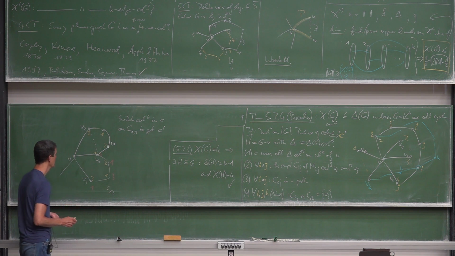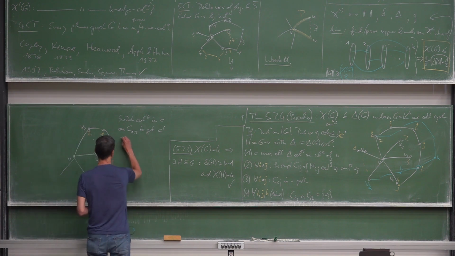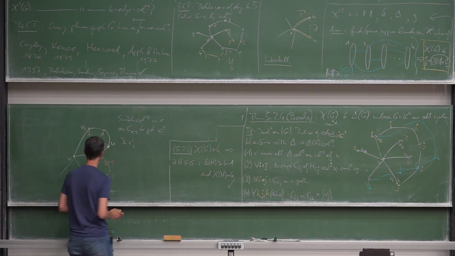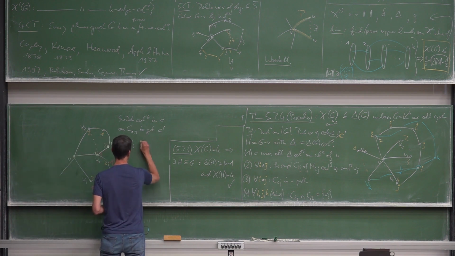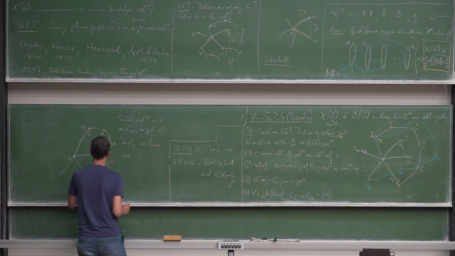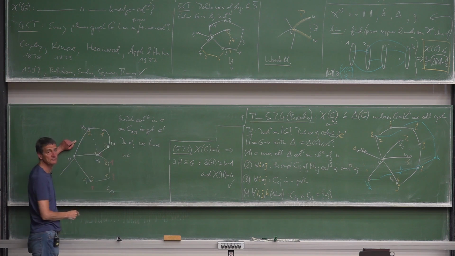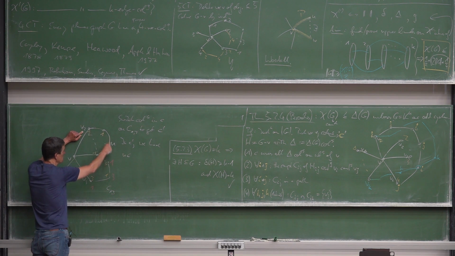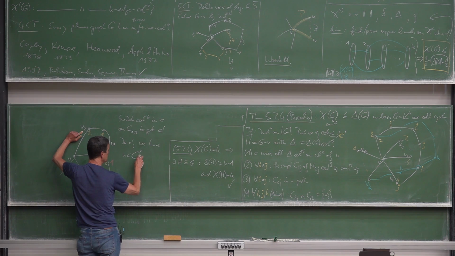Now in C prime, in this new coloring, the vertex U still lies in C'12, because we didn't change the coloring C up here.